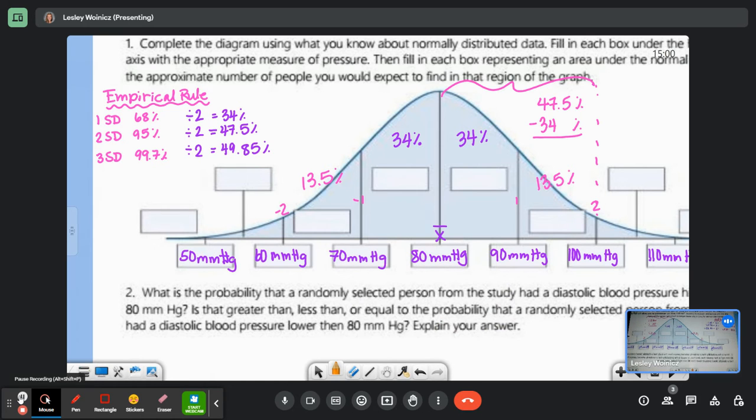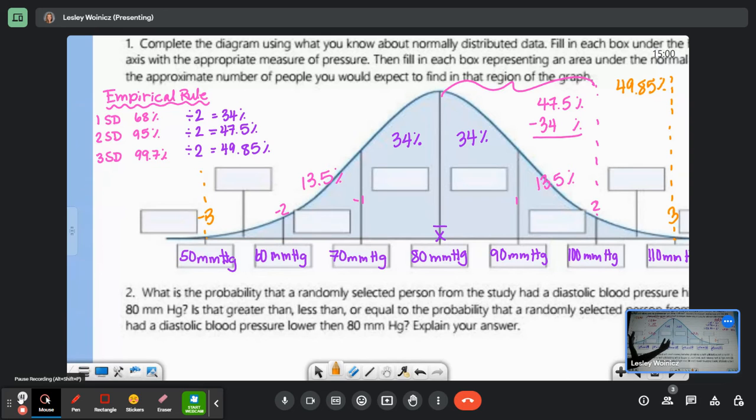All right, we're going to do our little trick again. Okay, so here is our third standard deviation. That's our 3. And over here is our -3. Okay, so 99.7% of our data falls within 3 standard deviations of the mean. Half of that is what? Okay, so this side right here is 49.85%, but I don't want all of that. I want to take away this 47.5%, the pink part.